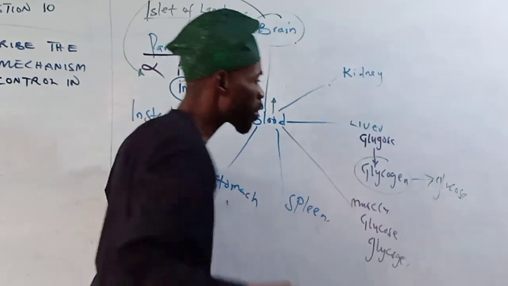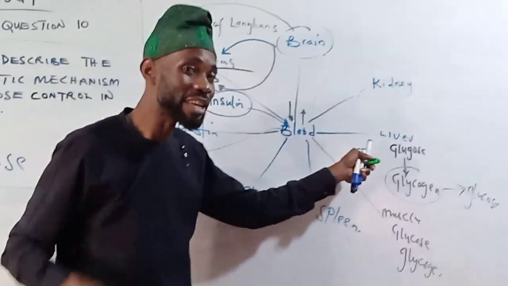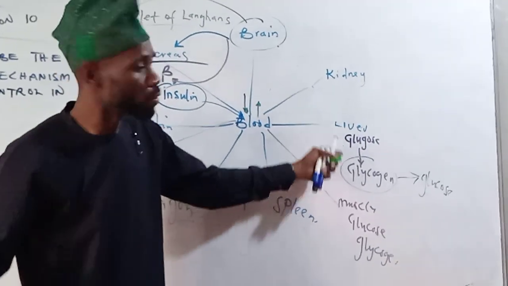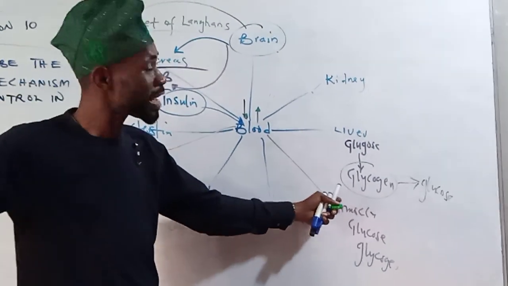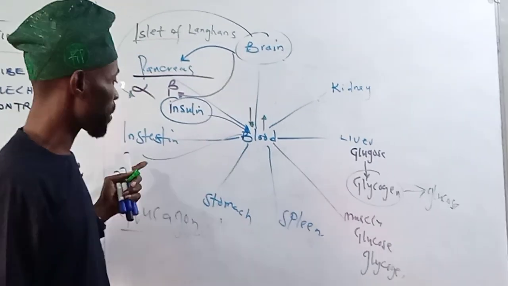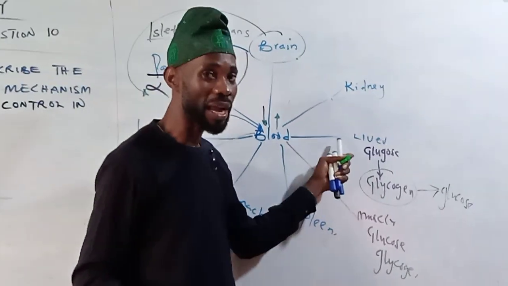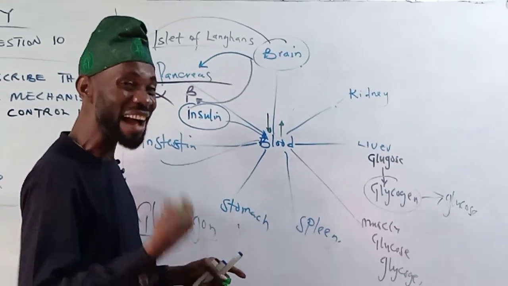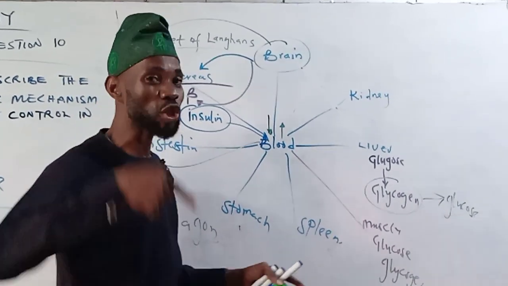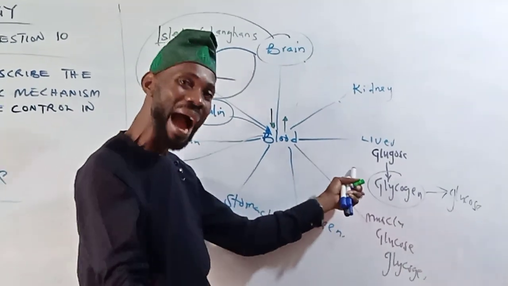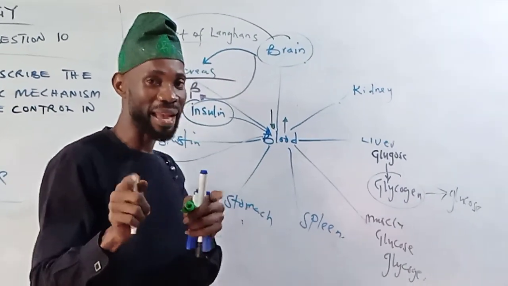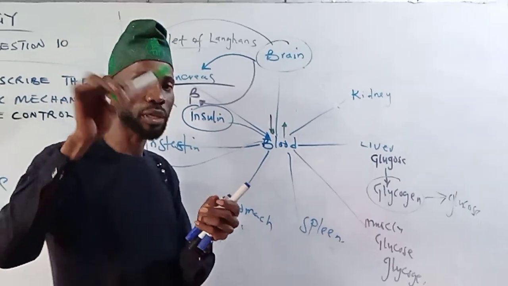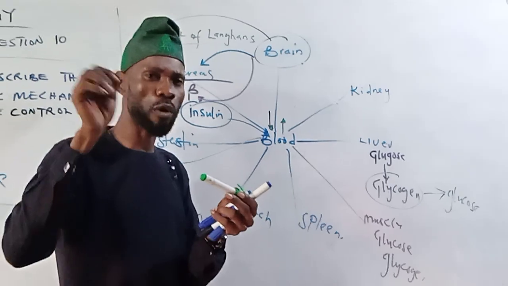Some time ago, liver, you converted enough glucose to glycogen, done by insulin. Now, this second time, glucagon is coming back to the liver: the level of glucose in the body is low, can you reconvert the stored glycogen back to glucose? It's like a blackboard chalk.